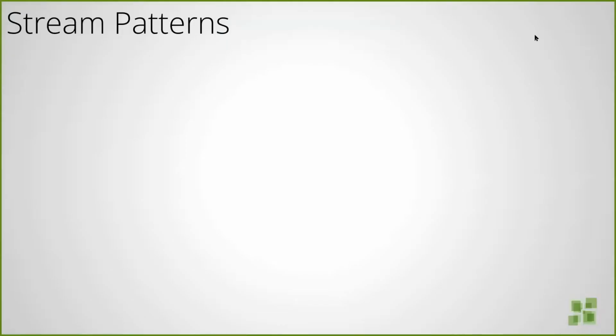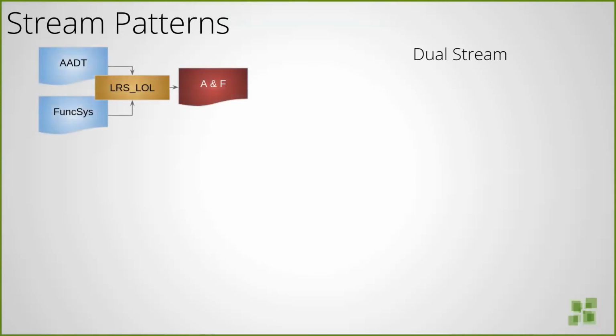Okay, stream patterns. So we have the dual stream pattern, which is very typical. I think Esri and maybe other LRS tools when it comes to overlaying things like this. Okay, so you have ADT and function classification.